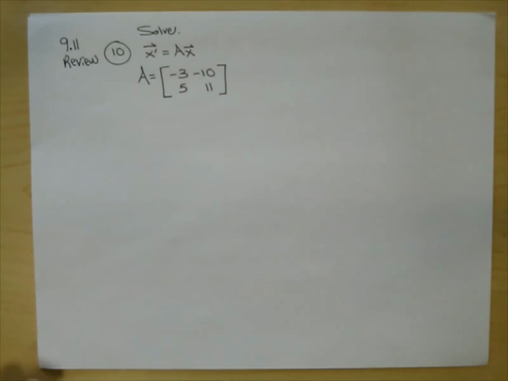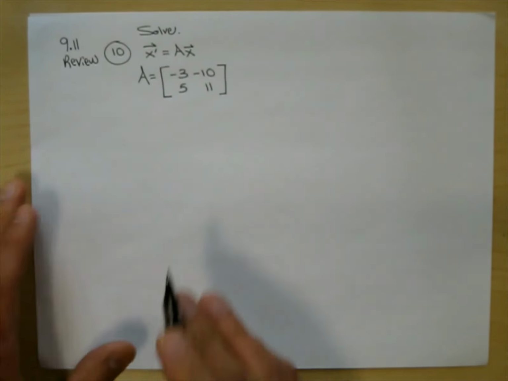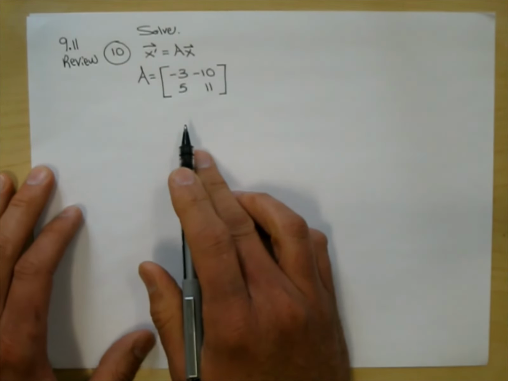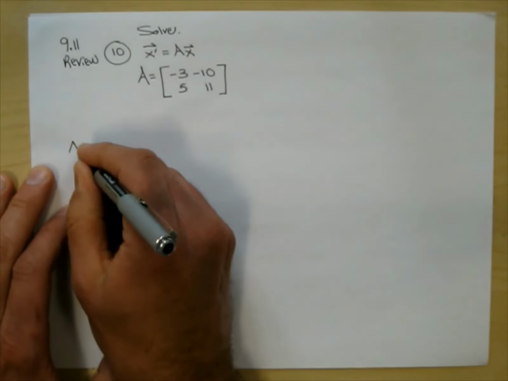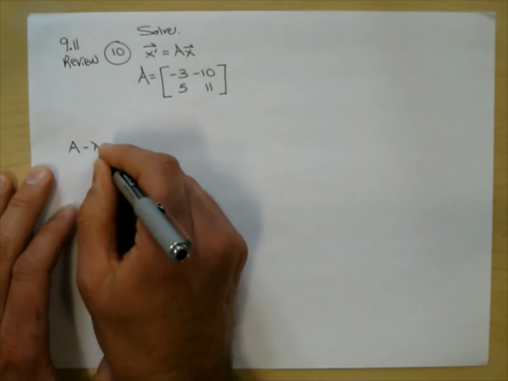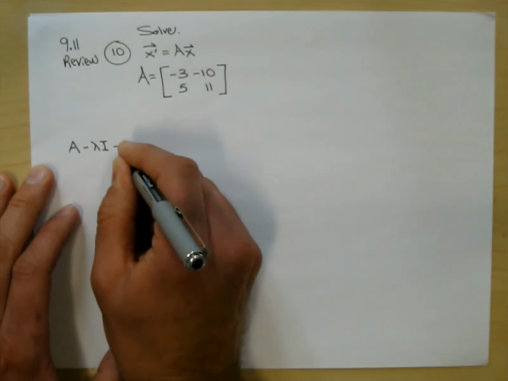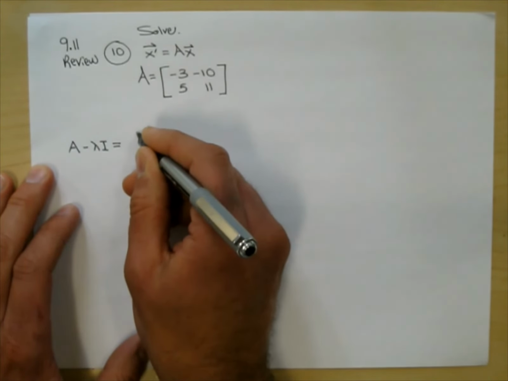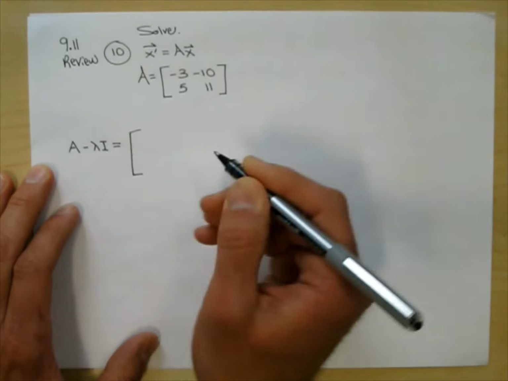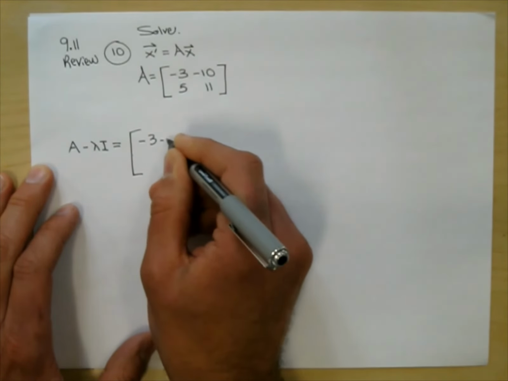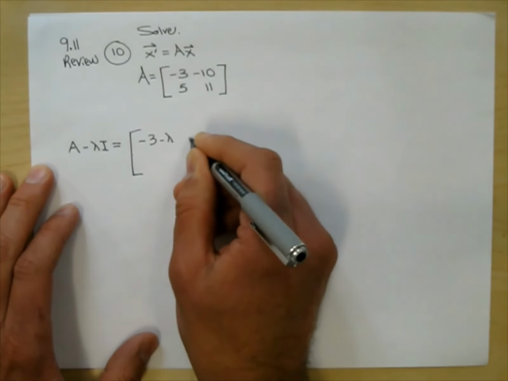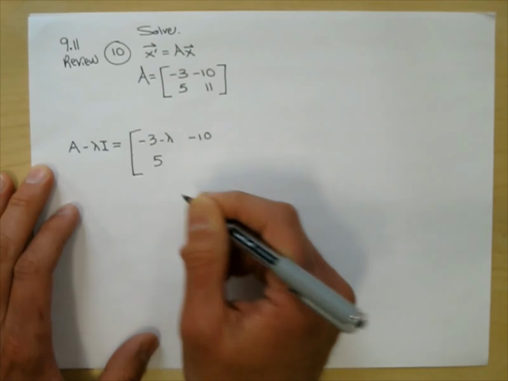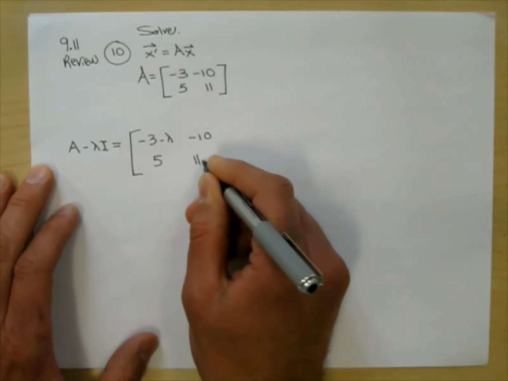So why don't we go ahead and write out A minus lambda I. So A minus lambda I is, let's write this down, -3 minus lambda, -10, 5, and then 11 minus lambda.